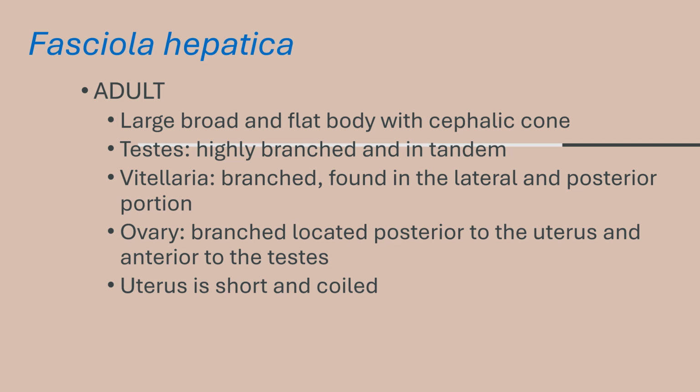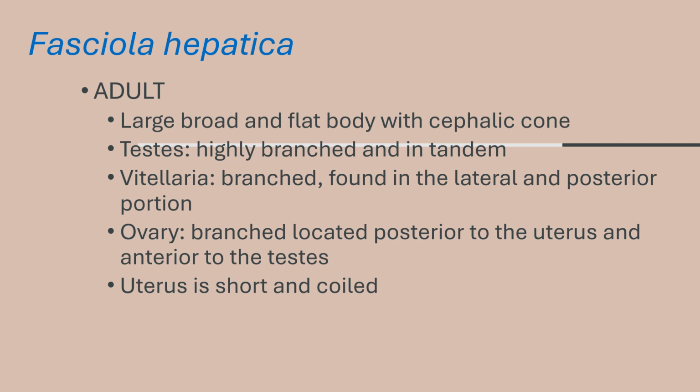The ovary is branched, located posterior to the uterus and anterior to the testes, and the uterus is short and coiled. It is about 30 millimeters in length and 13 millimeters in width. Please note that your Fasciola hepatica adult can live for more than 10 years.